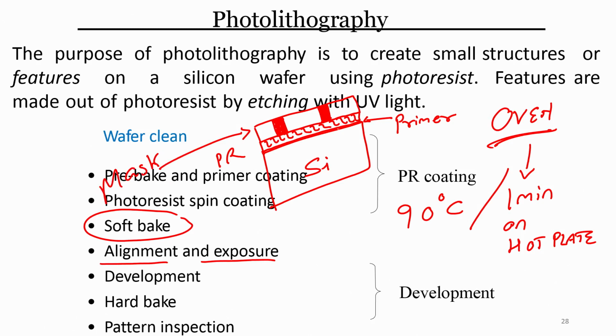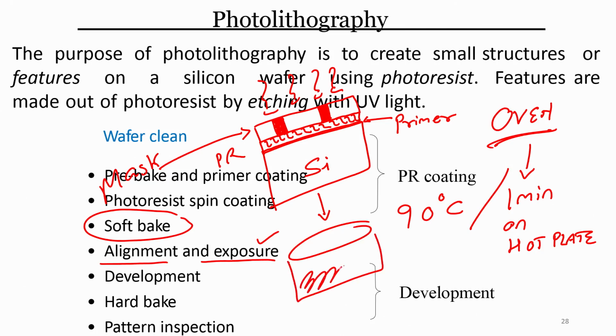You have to align the mask and then perform UV exposure, right. After UV exposure, you have to unload the mask and dip the wafer in a beaker which contains photoresist developer.